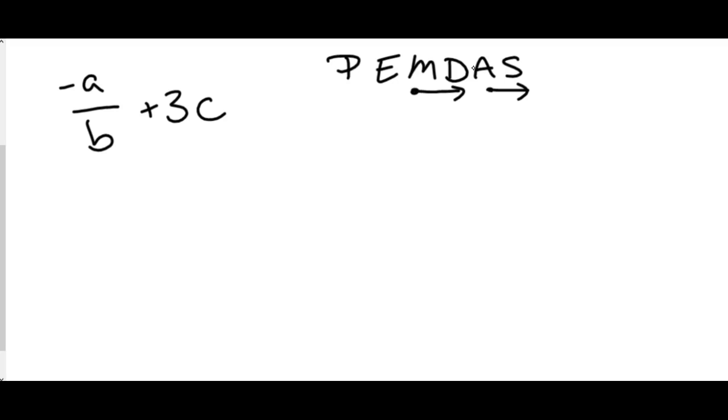With your parentheses, you do have to keep in mind that there can be invisible parentheses. There's things they assume you know just by the way it's written. For example, so we'll get back to this expression in a second. For example, if I had negative 2 plus 5 over 7.